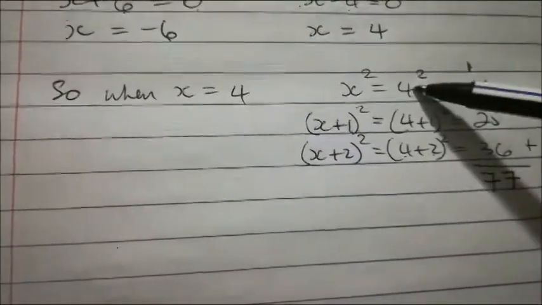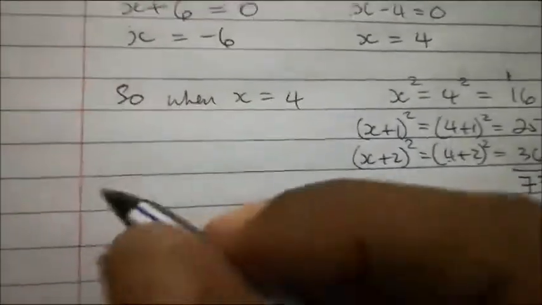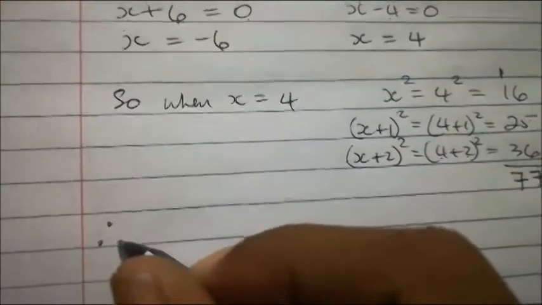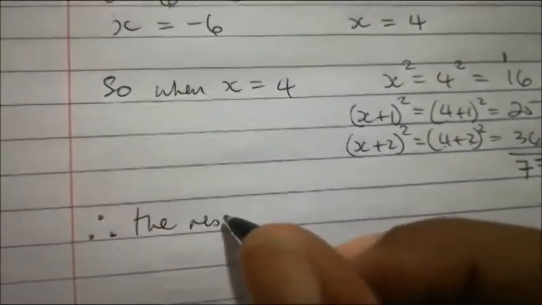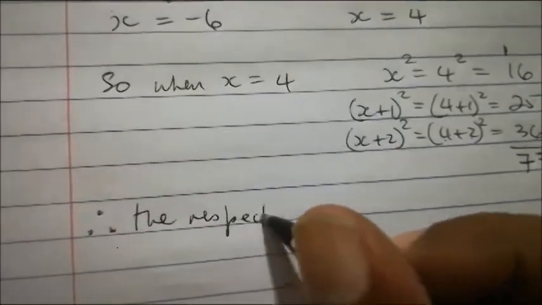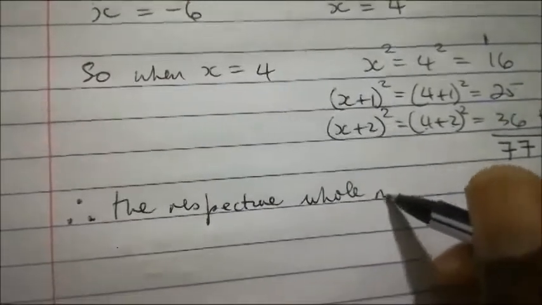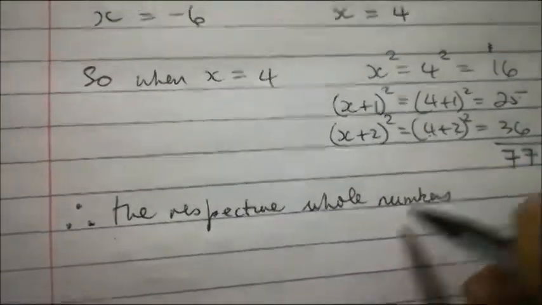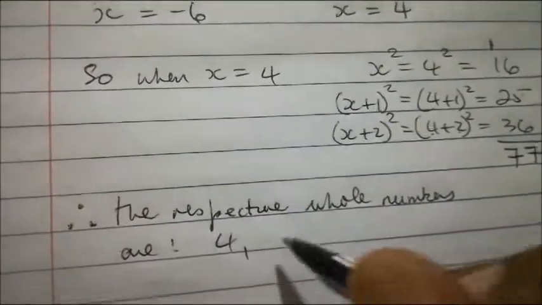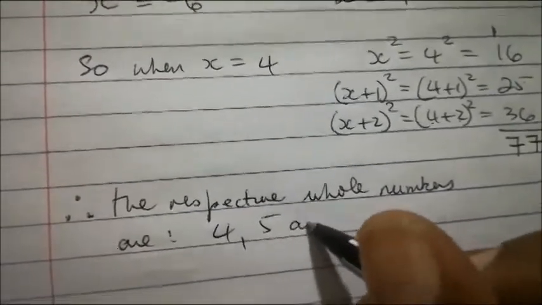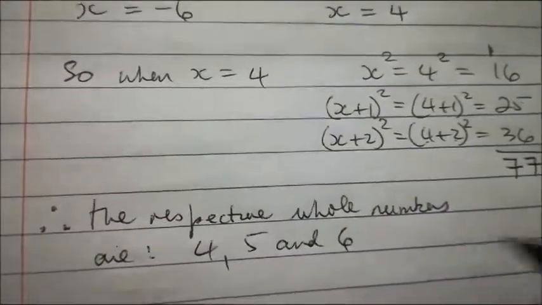So the numbers would have been 4, 5, and 6. Therefore, the respective whole numbers are 4, 5, and 6. So this becomes the answer.